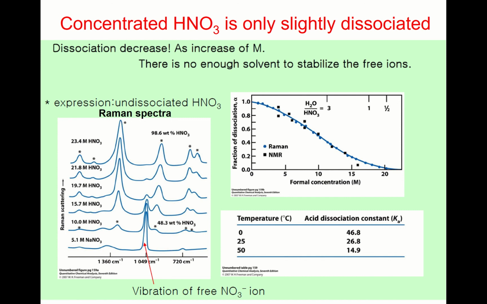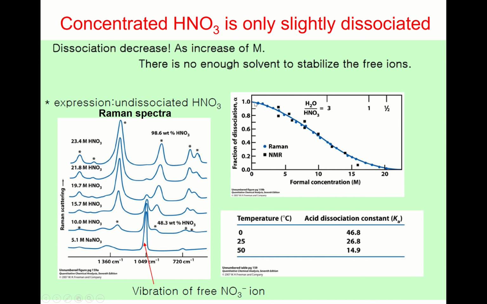This figure shows the fraction of dissociation on the y-axis. When fully dissociated, the fraction is 1, and it is very close to 1 when the formal concentration of nitric acid is very low.